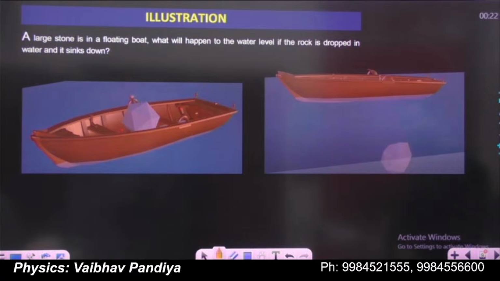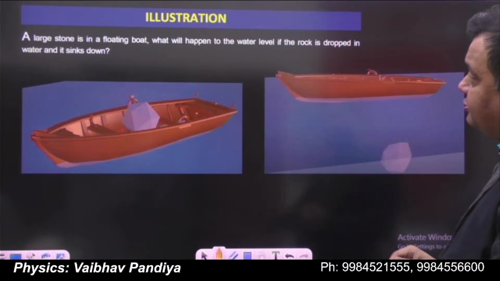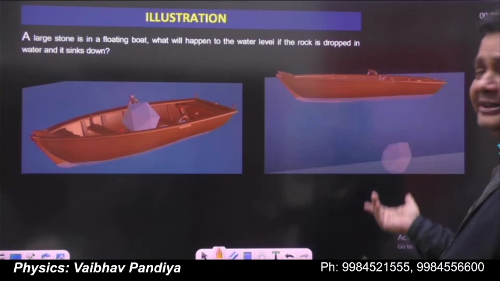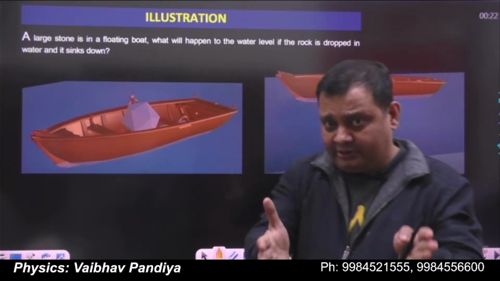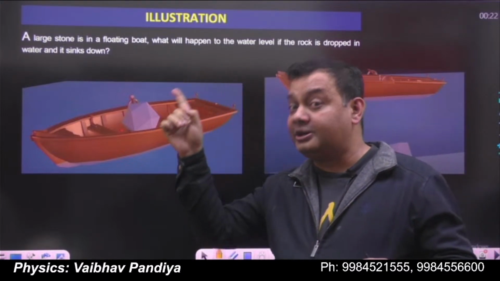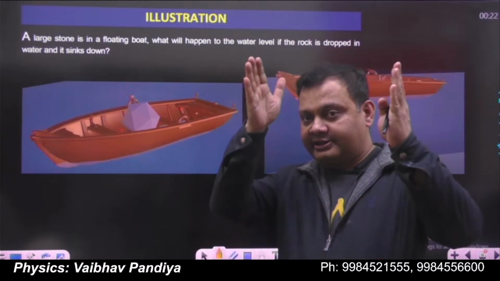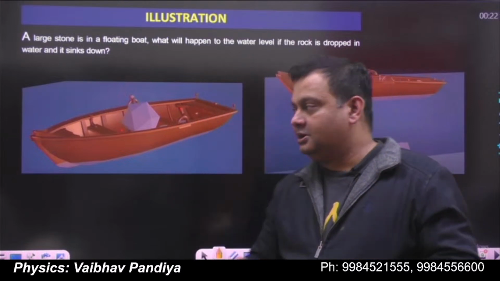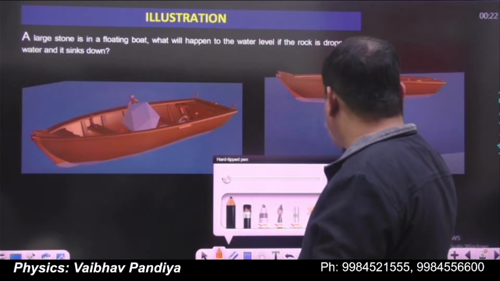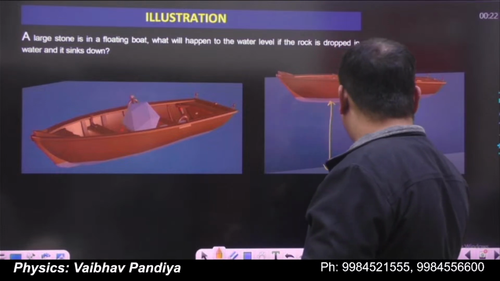Now suppose we say there is a large stone which is in a floating boat. What will happen to the water level if the rock is dropped in the water and it sinks down? We have seen in the case of the wooden balls, when you throw the wooden balls from the boat into the water, the level of the water was the same. But in this case, what do you think? What will happen to the water level when you throw this stone and the stone sinks down to the bed of the river?